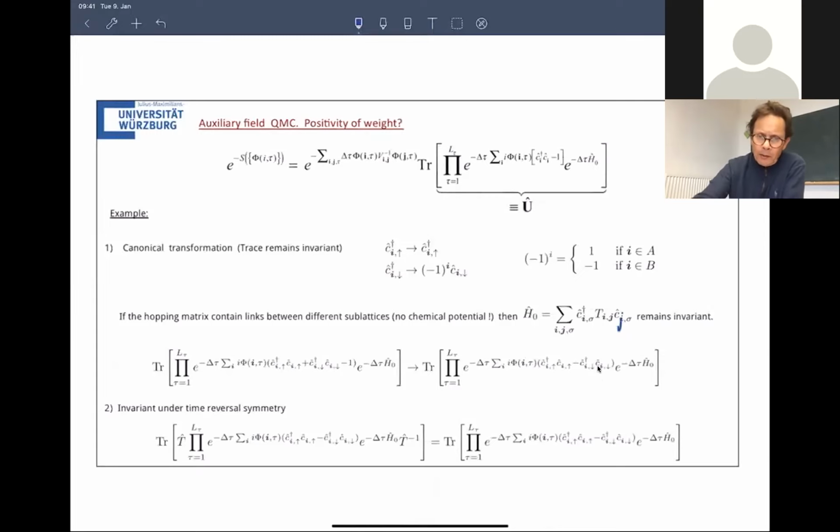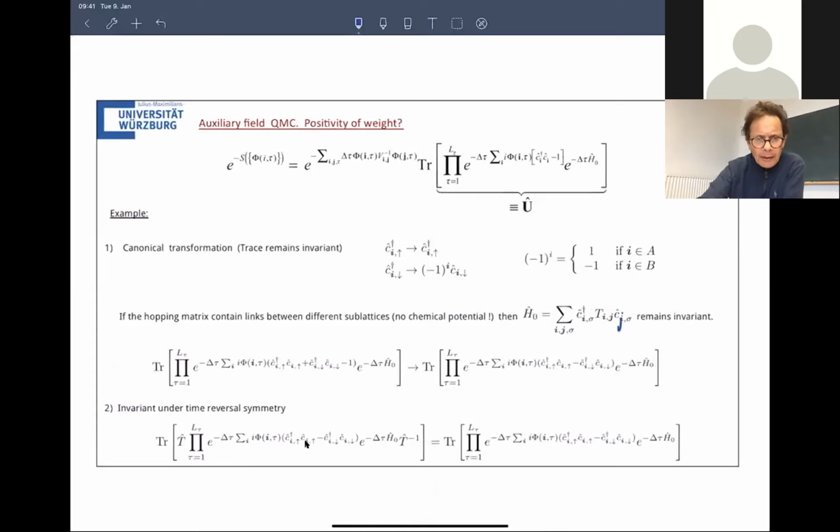Okay. So now when I have written it down in this formulation, you see that it's fairly straightforward to see that this is invariant under time reversal symmetry. Because if I do T H T minus 1 here, essentially what you're seeing is that time reversal symmetry does not change my H0.